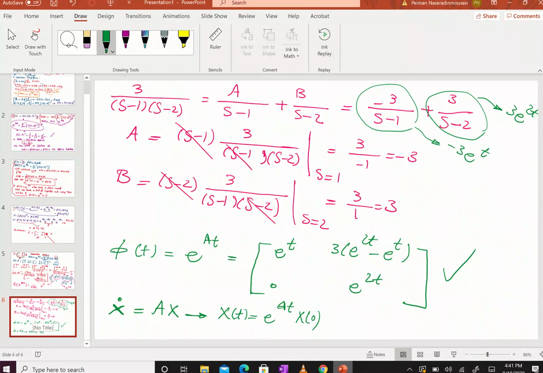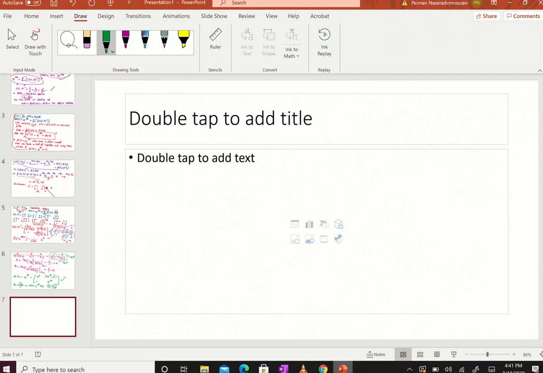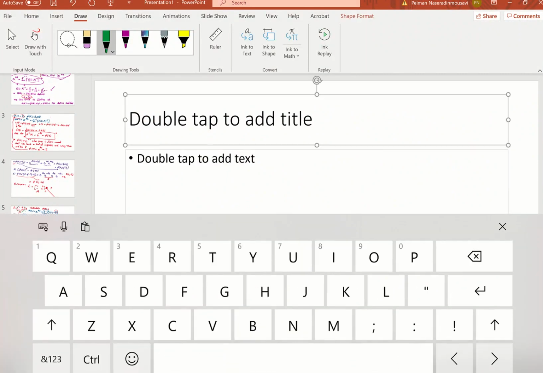So you have two state variables, x1 and x2, position and velocity, because your system is 2 by 2. Remember the vibration undergraduate course?